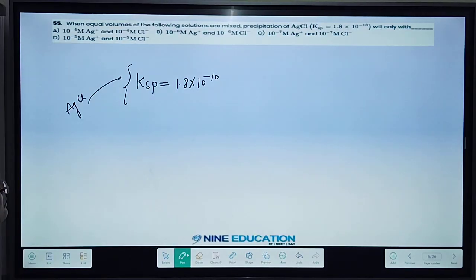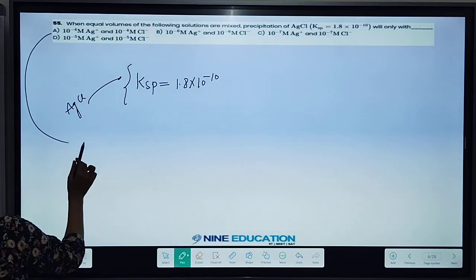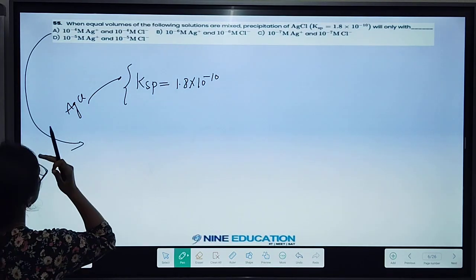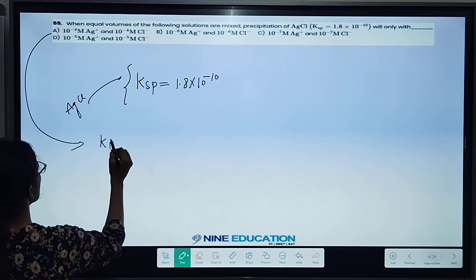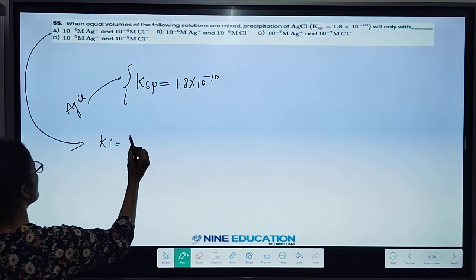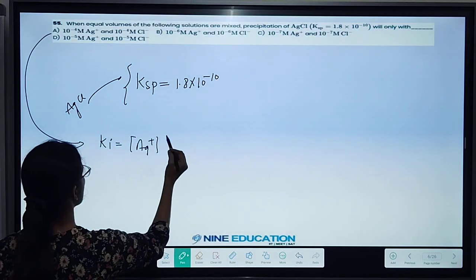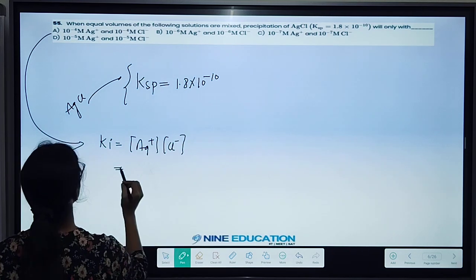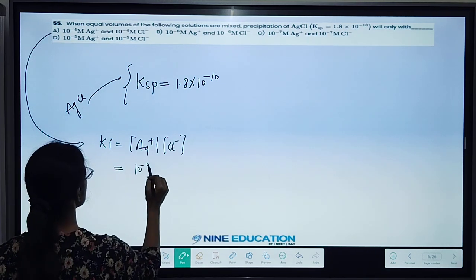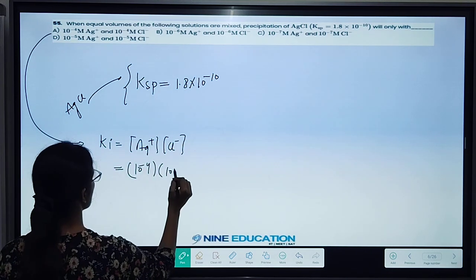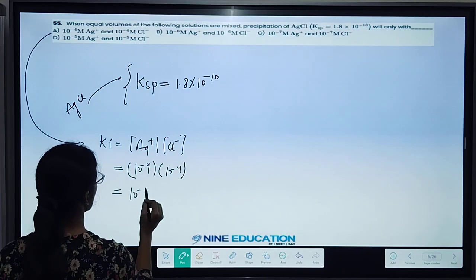Now we need to understand out of these 4 options which option will give the precipitation. I can see that in option A, if I try to find the ionic product, Qi, it will be Ag positive concentration into Cl minus concentration, so we'll be having 10 raised to power minus 4 and 10 raised to power minus 4, which is simply 10 raised to power minus 8.